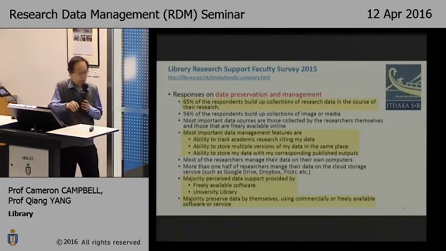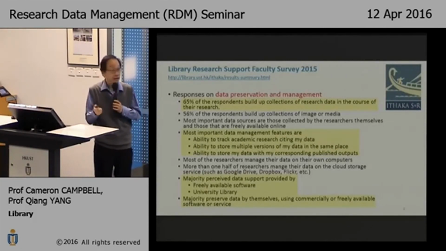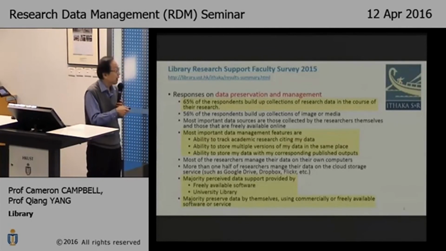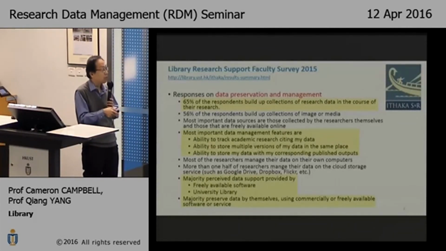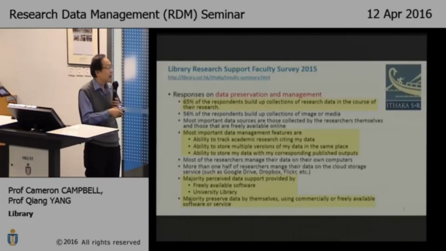And what functions or features do they want to see in terms of data management? They want the ability to track how their research data are being cited, how to store multiple versions of their research data in the same place, and how to store the data together with the research output they publish.